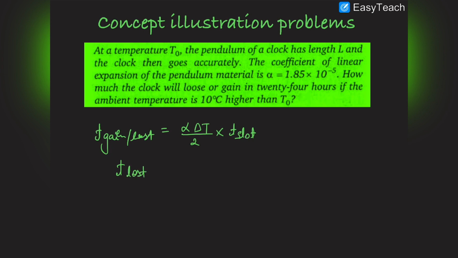So lost time will be equal to alpha delta T, where alpha is 1.85 into 10 raised to power minus 5 and delta T is 10, divided by 2, into time period of 24 hours.